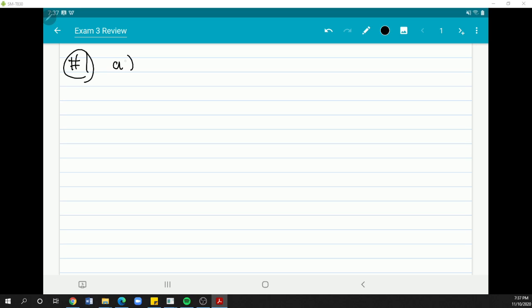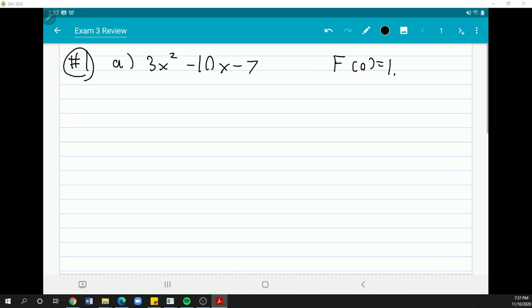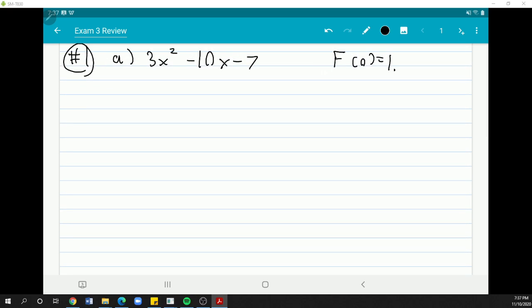A, we have 3x squared minus 10x minus 7, and I give you that f of 0 is equal to 1. So we want to take an antiderivative. So f of x, using the power rule, so I'll use it in its full form here.